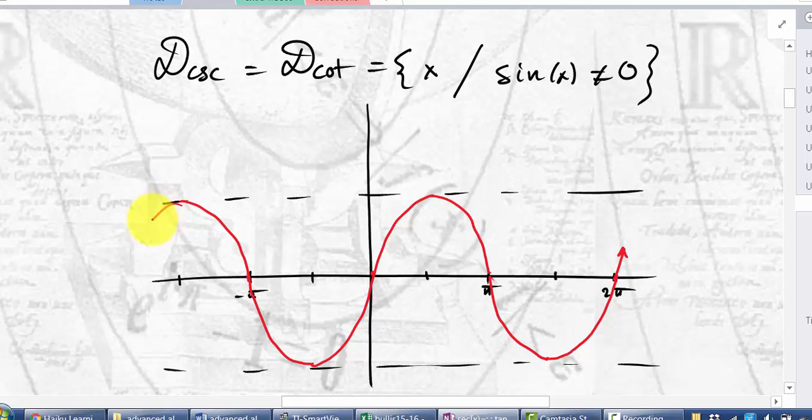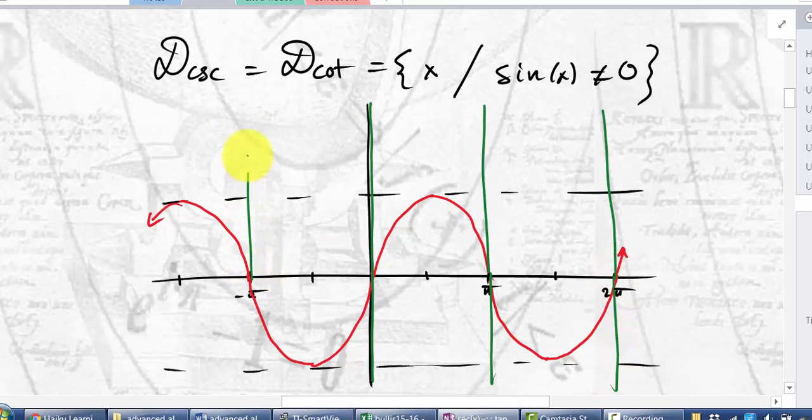I'm going quickly. My graphs are not very good, as you can see. So where is sine equal to 0? Well, wherever it hits the x-axis. So right there on the y-axis sine is 0. Right here, sine is 0 at pi, at 2 pi, at negative pi, and on and on and on. So again, visually, I have no problem finding out where sine or cosine are equal to 0.